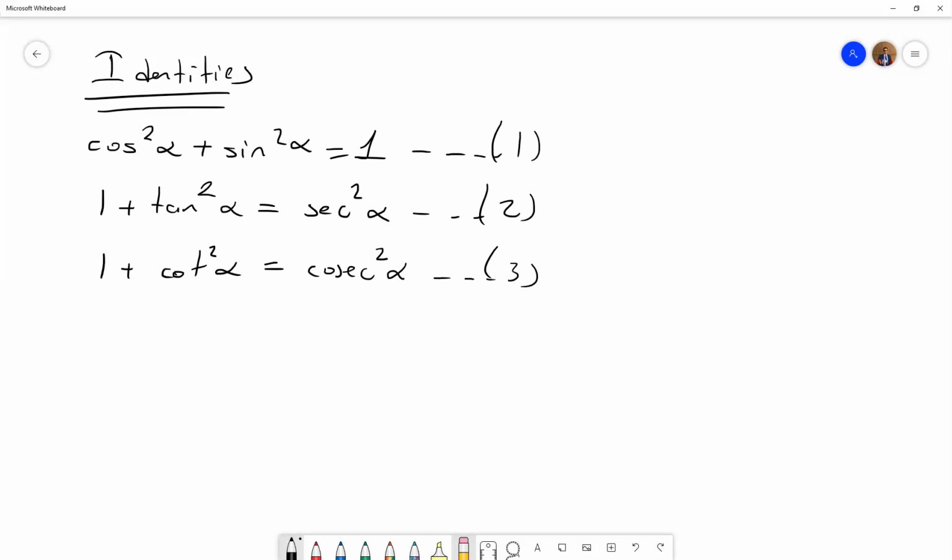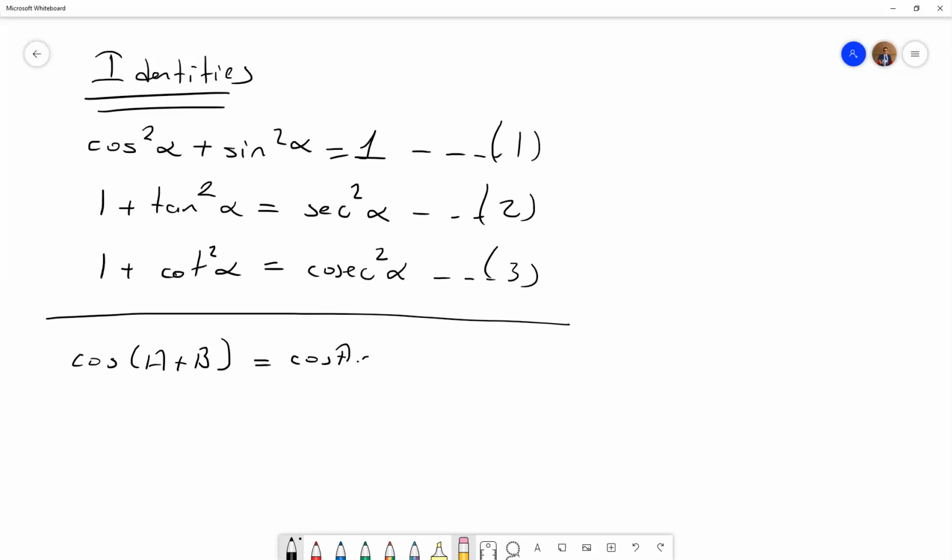And the other ones, different from this: cosine A plus B is equal to cosine A cosine B minus sine A sine B. Let's say this is the fourth one.